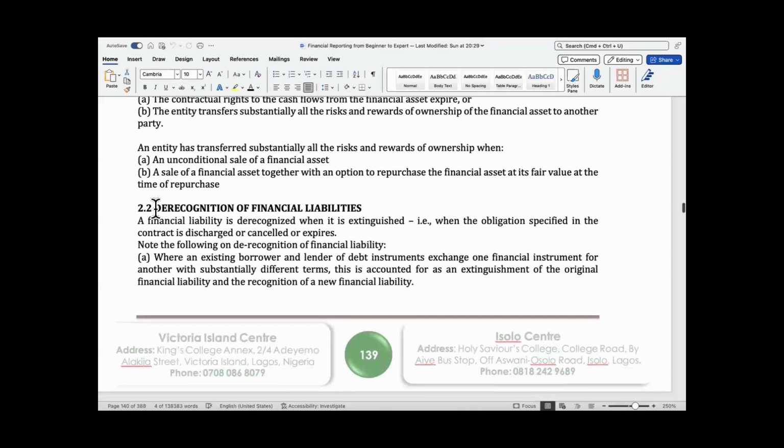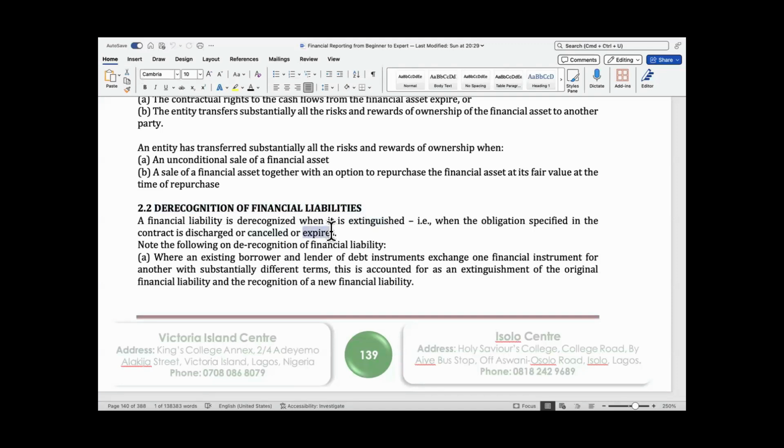So the next one is the derecognition of financial liabilities. A financial liability is derecognized when the obligation is extinguished. And when we say extinguished, we mean when the obligation is either discharged, cancelled, or expires.